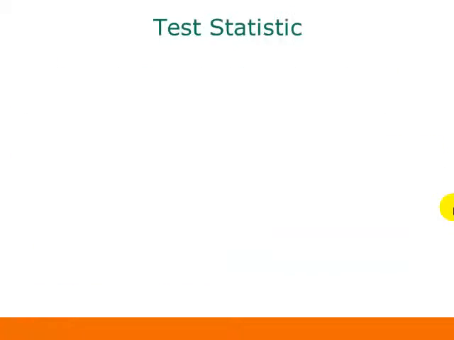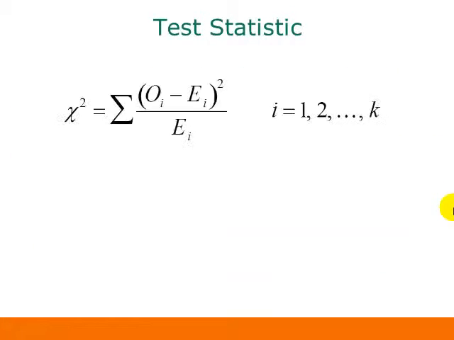The test statistic for this type of hypothesis test looks like this. The important thing to notice over here is that we have a chi-squared, so we'll be using the chi-squared distribution. And this gets a little bit complicated because these i's here represent all of the different categories.